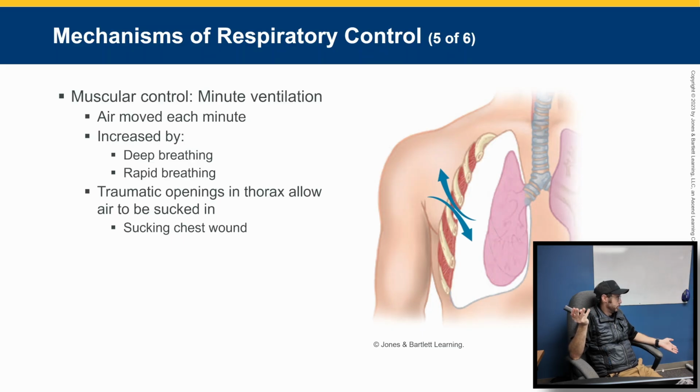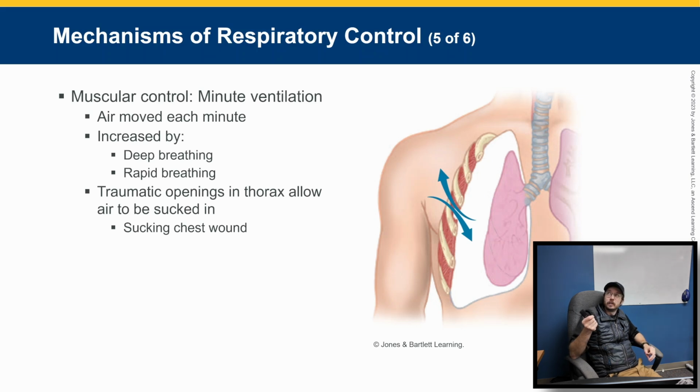Still gets bigger, right? But now instead of just causing air to be sucked in through the mouth and the nose, I also get air that's sucked in through this hole right here, which can't be used because it's not in the respiratory system. So it fills the space in the thoracic cavity.